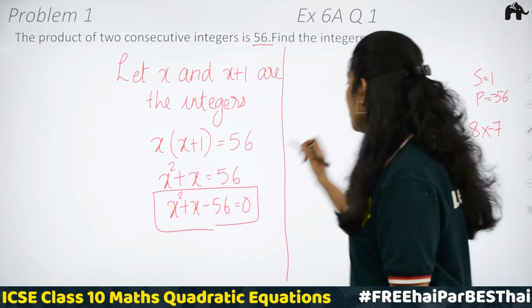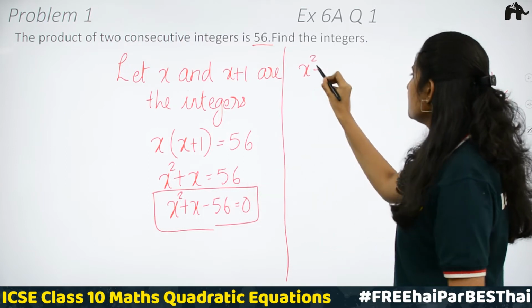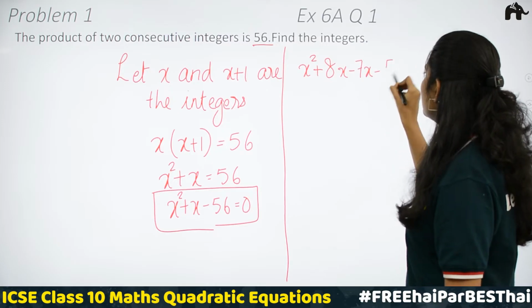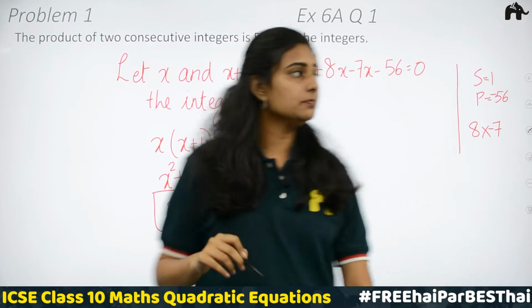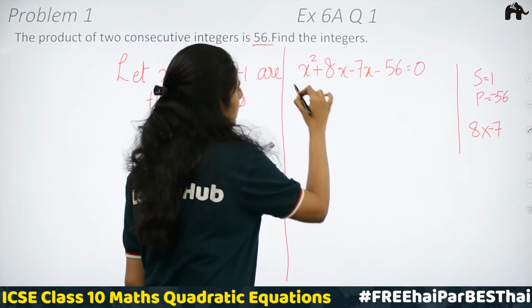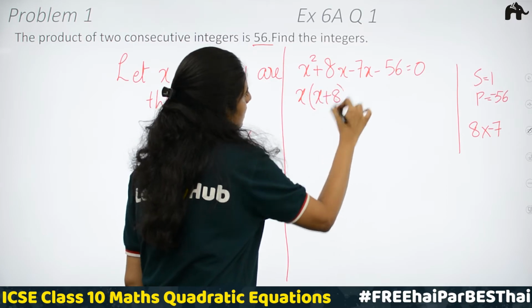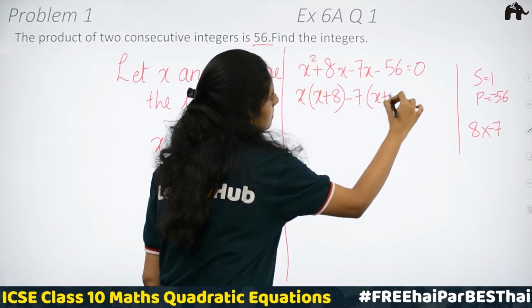Splitting the middle term, x square plus x can be written as plus 8x minus 7x minus 56 is equal to 0. Now taking common, from here we can take x common, then we have x plus 8. From here we can take minus 7 common, again x plus 8.